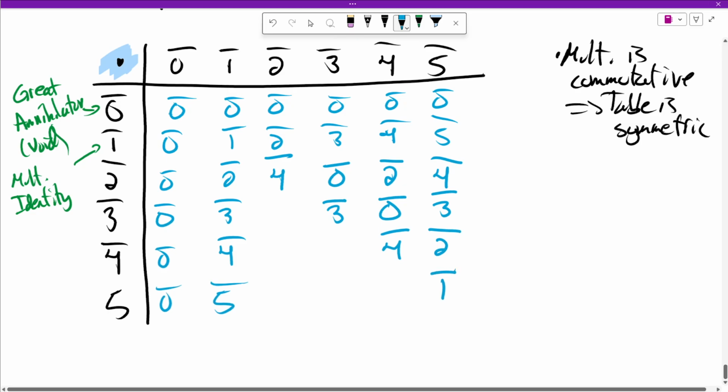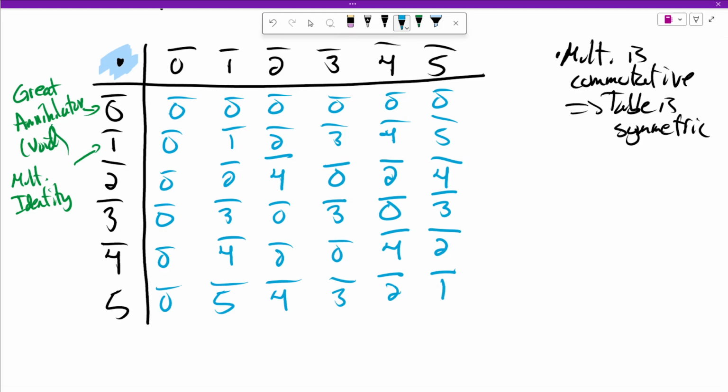So, and then all we do is we reflect. So 4, 0, 2, 4 is going to be 4, 0, 2, 4. 3, 0, 3 is 0, 3. 4, 2, 1. So now, if you don't like the reflecting business, that's fine. You can sit there and multiply them, and you'll get the same answer. You have to get the same answer because multiplication is commutative.